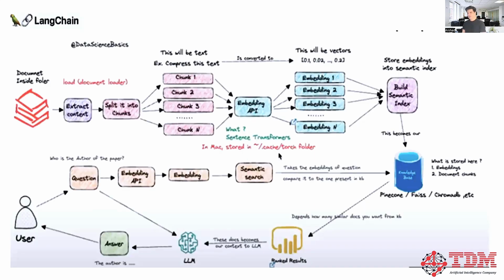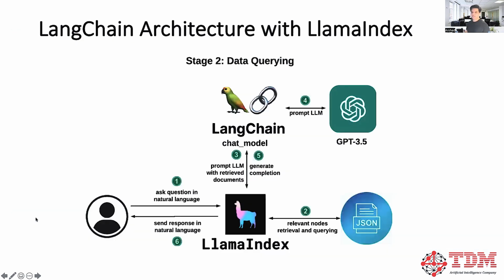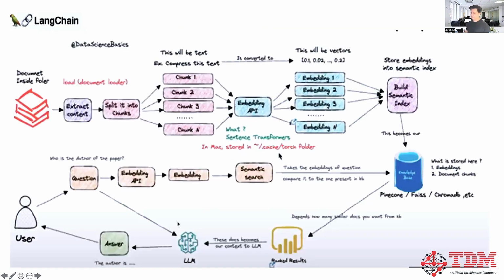This is what a big architecture looks like if you're designing a system. I know it might be very technical, but you have your inside context coming in, it will break down into chunks, and then through the embedding API it will further convert into a semantic index, which is a vectorized database, and then hit the large language model and get the response. At a high level, that's how it works.